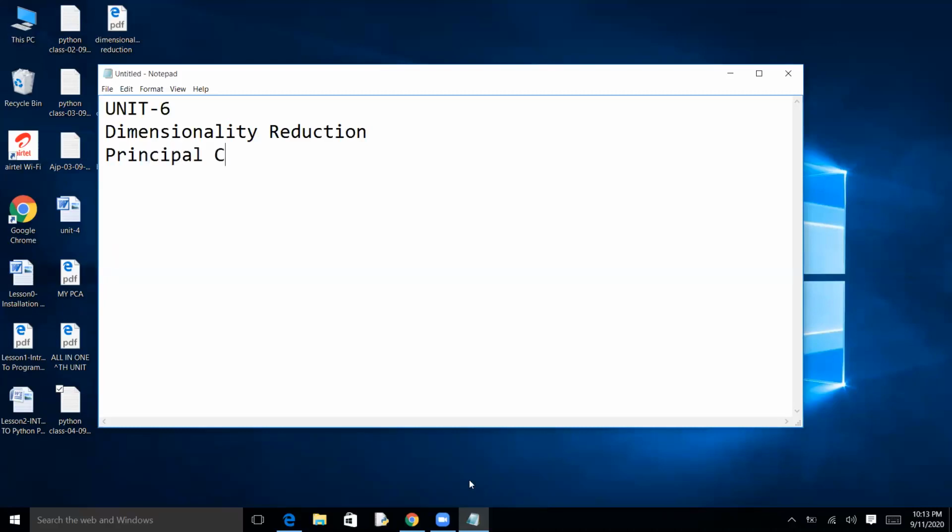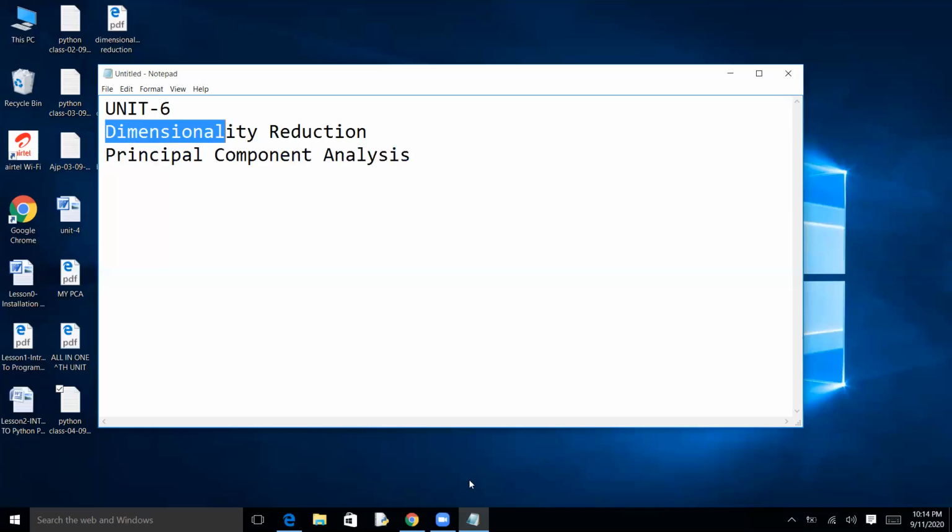So these are the two topics that come under the first part of unit number 6. I already completed principal component analysis in yesterday's video. Next I am going to cover dimensionality reduction.